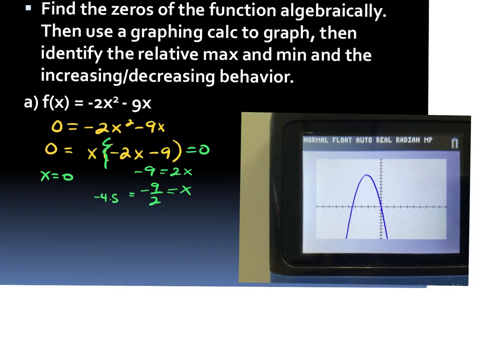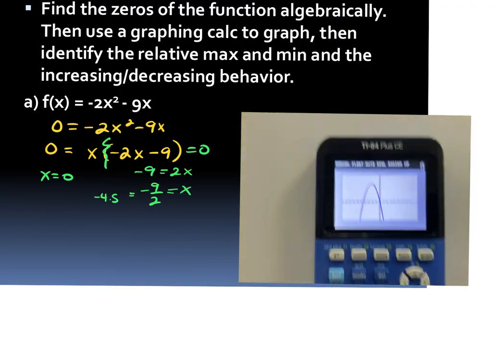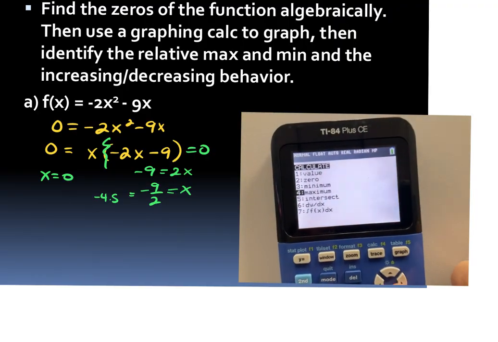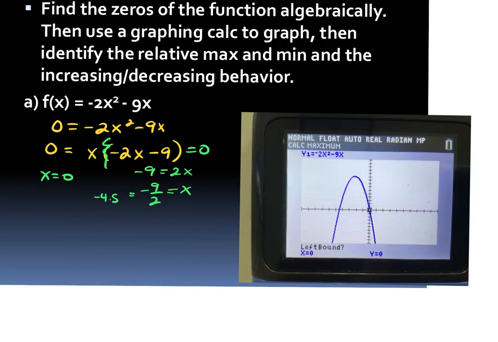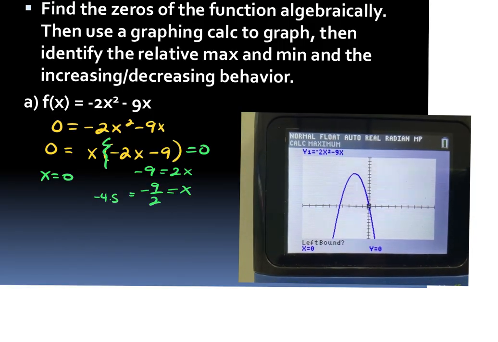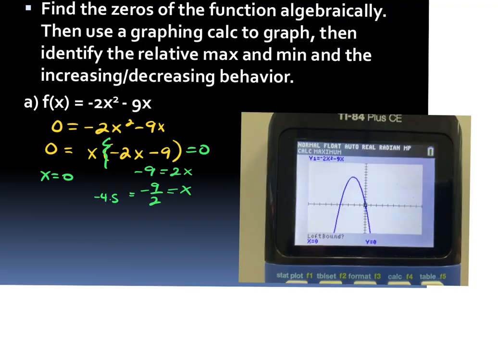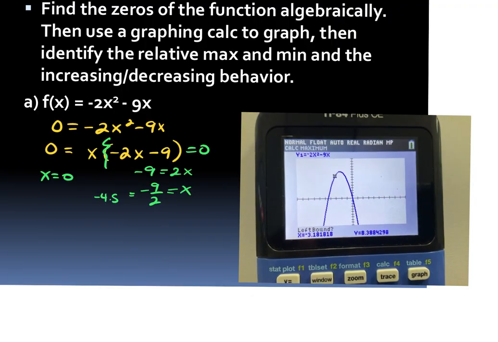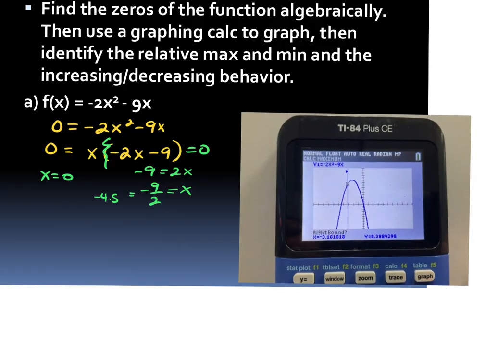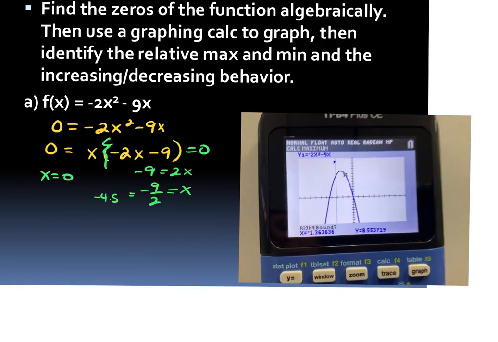Now to find your max, I go back to the same menu. Second, trace, and I'm going to maximum. And it asks the same questions as the zeros did. Left bound, right bound, guess. So I have to go left of my max. I'm going to hit enter. I have to go right of my max. Hit enter.